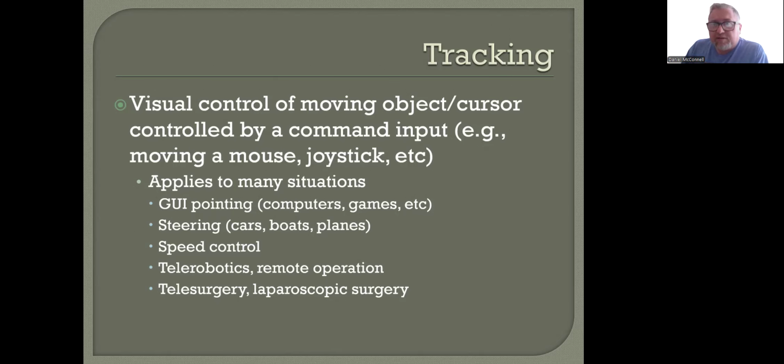Anytime we are teleoperating any kind of technology, telerobotics, unmanned aerial vehicles, unmanned ground vehicles, any remote operation of a device, telesurgery, for example, these all involve control display loops, right? And the same even goes for laparoscopic surgery as well. When a surgeon does laparoscopic surgery, the tools are inserted into the patient's body through a small incision, and there are tools that the surgeon can manipulate with hand controls.